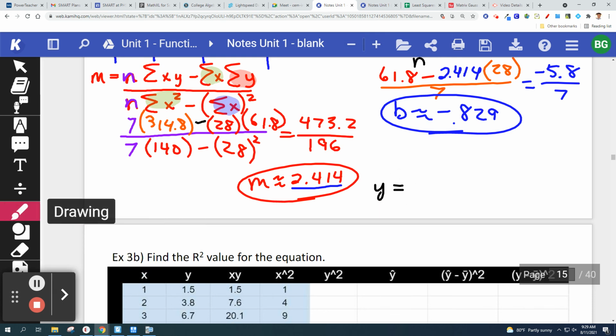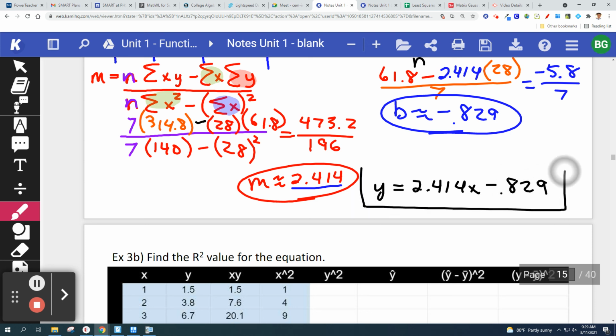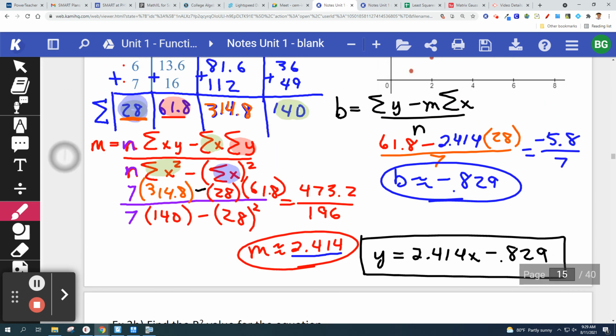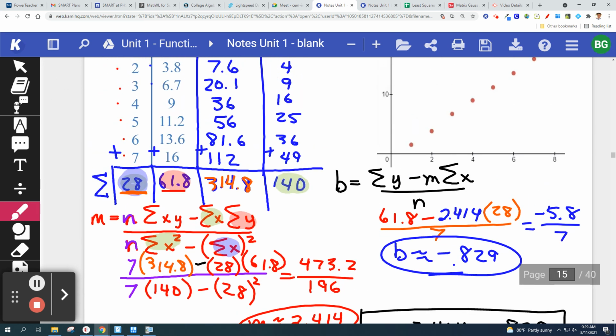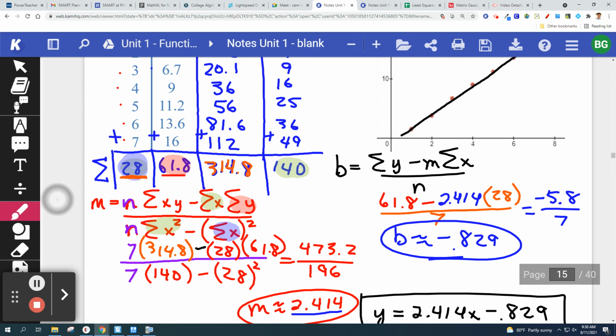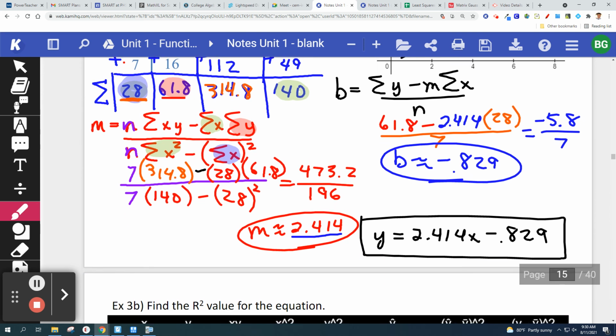Y equals 2.414x minus 0.829. That would be an equation for this line right here. That line is going to be a pretty good fit for those points.